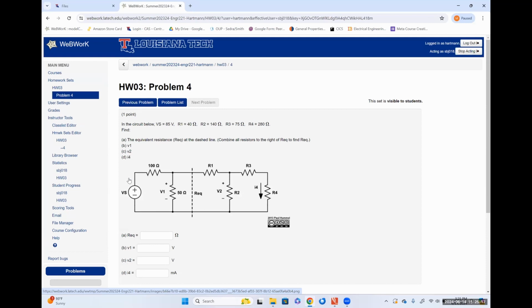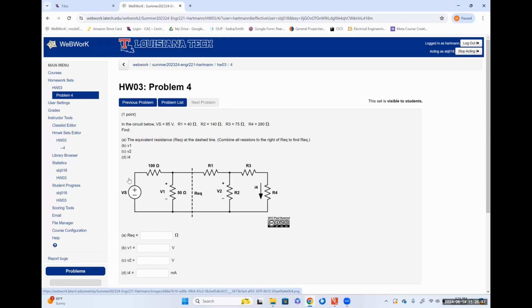So this problem, you could work using the methods that we had determined previously. So find the equivalent resistance, all of that kind of good stuff. But it would actually be significantly easier to do if you use the principles of voltage division.